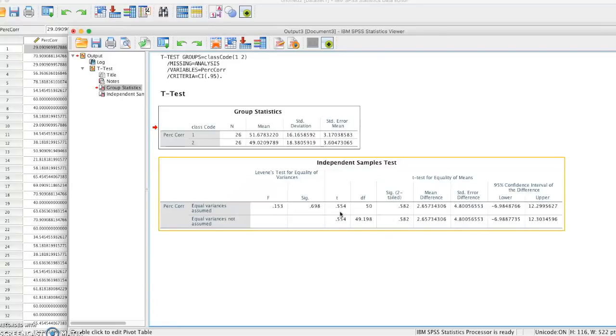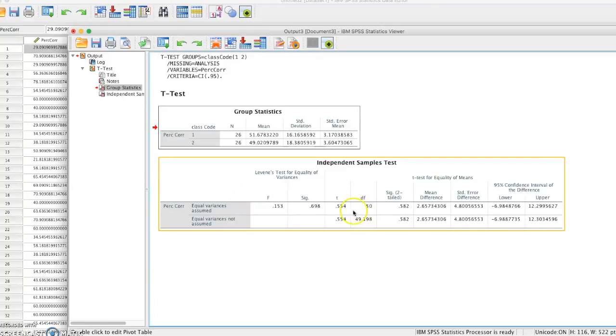Now, there are a lot of different values on this table, so how do you know which one to use? Well, you're going to look at this DF column. That is the degrees of freedom. So the degrees of freedom in our case is 50, and when we look up the corresponding value on the table, using the significance level that we want to use, which is 0.05, and using a two-tailed test, because this could be either her class did worse or better, the value we would need to reject the null would be 2.009.